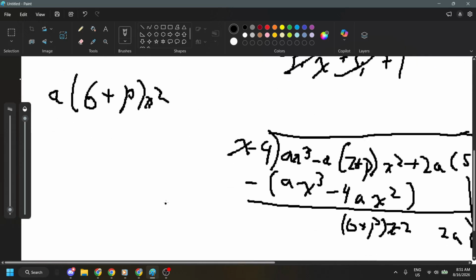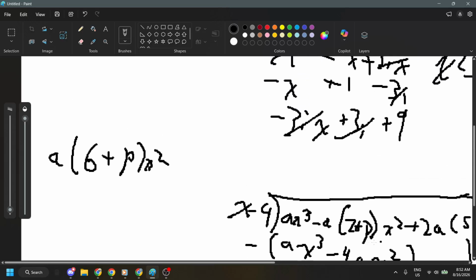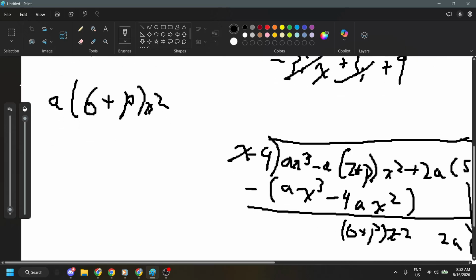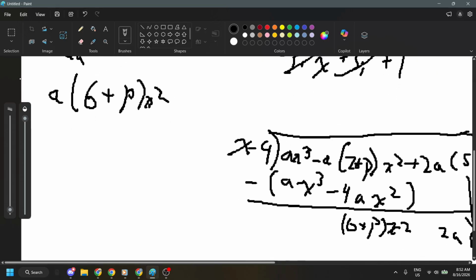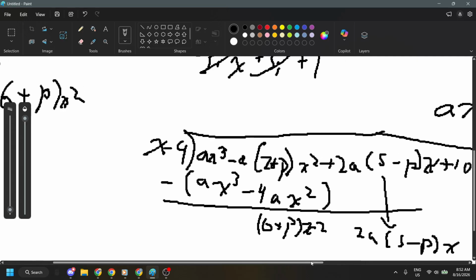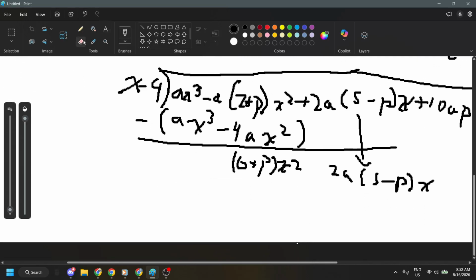Oh shoot, if we put this in, it'd be minus 2a x squared minus ap, and then we are adding plus 4a. So this is just going to be positive 2a, and that's going to be minus p.